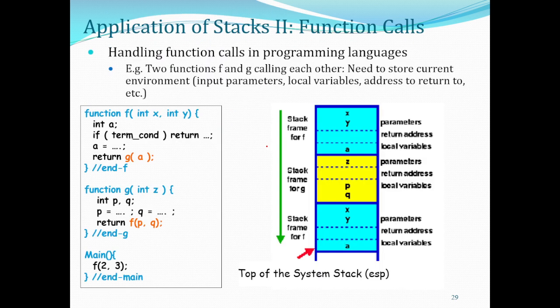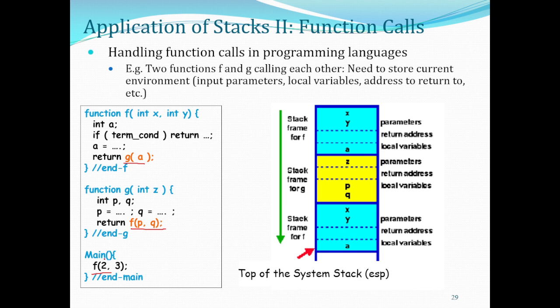This is a high-level usage of stack that we use every time, everywhere. Let's say I have a program. In the main function, I'm calling f. In the f function, we are calling g. In the g function, we are calling f again.